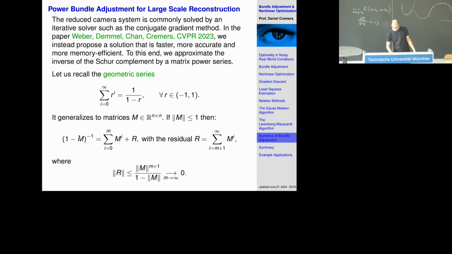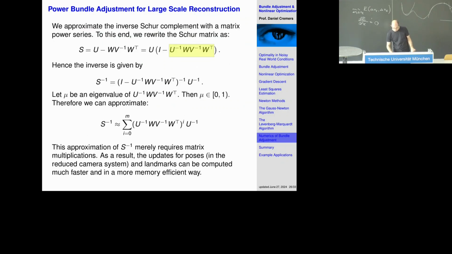And in our case, the matrix M is this matrix here. So we take this matrix, take its powers to the power i, sum it up over m, and then we have the U inverse that we retain from here, and that gives us an approximation of the inverse Schur matrix. Yes?